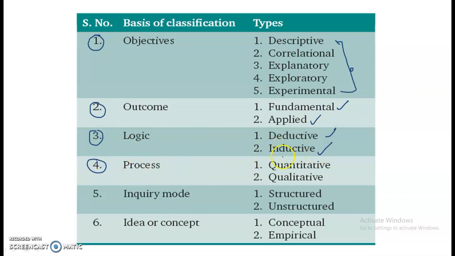And as per the process, quantitative research and qualitative research. And while coming to the inquiry mode type, the structured as well as the unstructured research. And by idea or concept, the research is classified into conceptual and empirical research. Okay, so let's have the details regarding all these different types of research here.